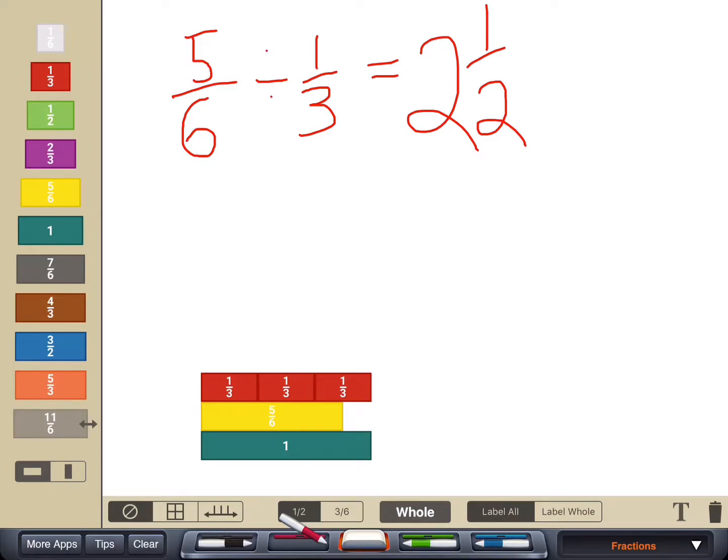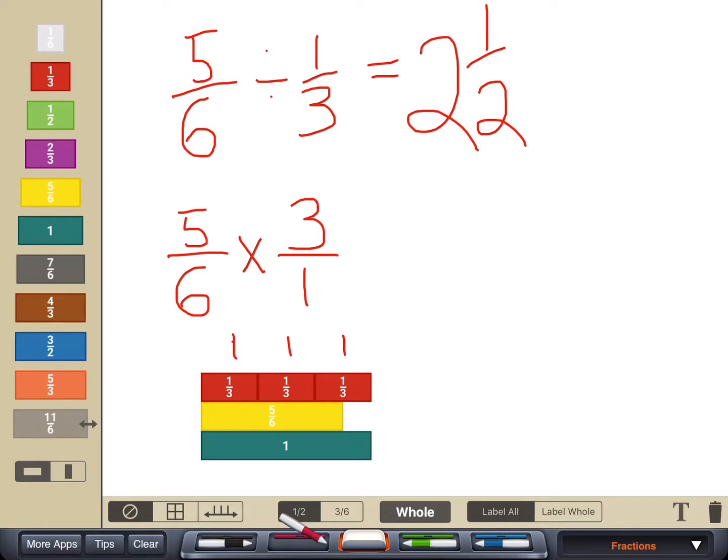Now let's see if the generalization we have from the 3 divided by half question works here. So what we would do is we would say, okay, what if I took 5/6 and I multiplied by 3? Now we understand 3 to be 3 wholes, so 3 over 1. So again, I am multiplying by 3 because the whole has been divided into 3 equal parts right here, right?